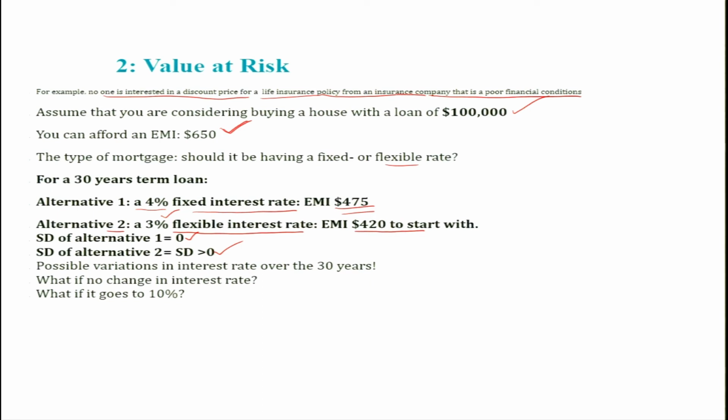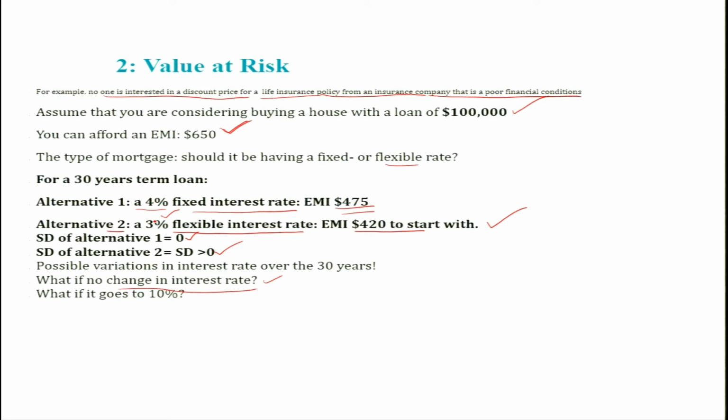There is possible variation in interest rate over 30 years. Two scenarios: first, what if there is no change in interest rate? Then alternative 2 is the best option, because it is better to go for the lower rate of 3% instead of the 4% fixed rate, provided there is no increase.